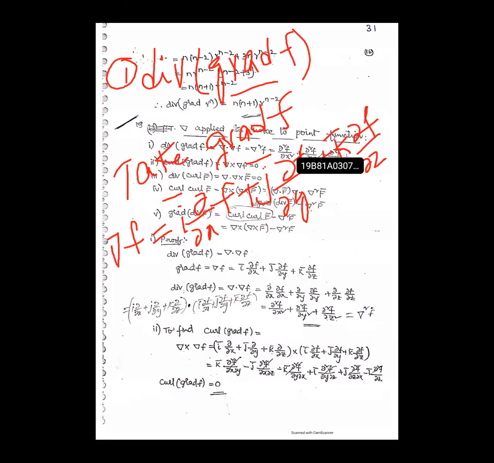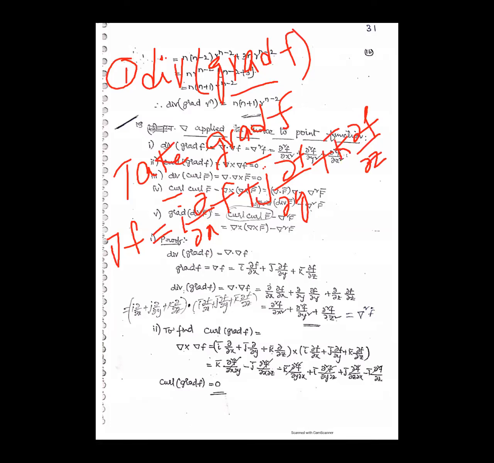Here f is not x square plus y square plus z square like that; f is any scalar. So generally we prove that del f equals i dou f by dou x plus j dou f by dou y plus k dou f by dou z.